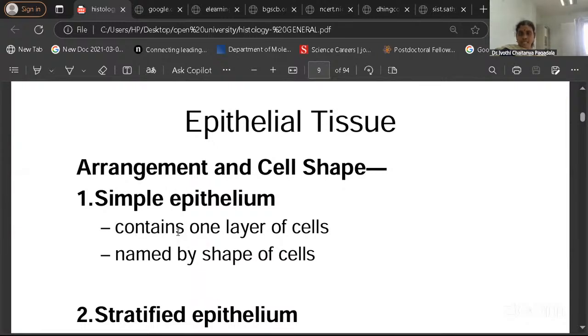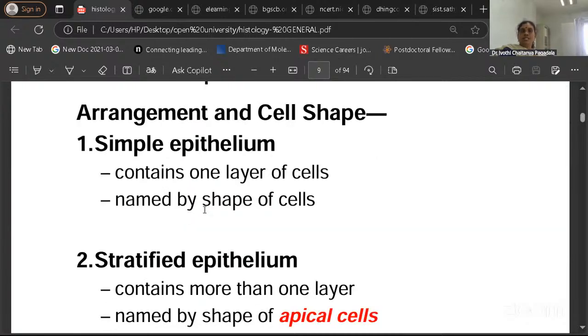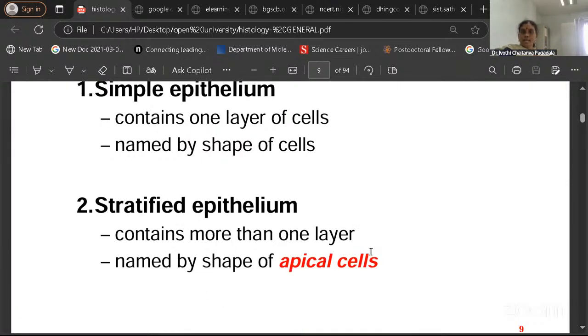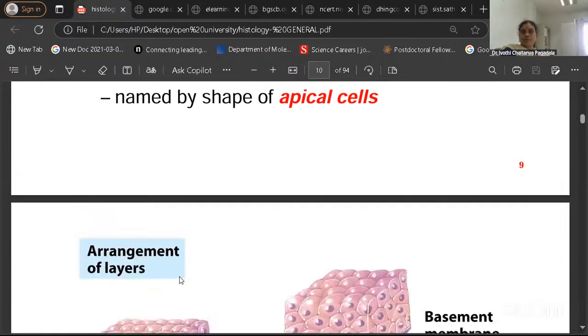Epithelial tissue is classified by arrangement and cell shape. The simple epithelium contains one layer of cells and is named by the shape of the cells, and stratified epithelium contains more than one layer and is named by the shape of the apical cells.